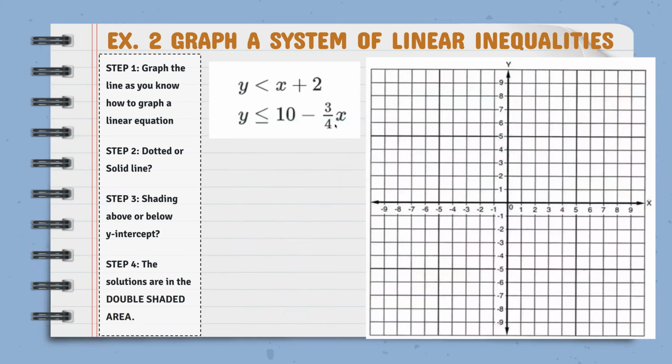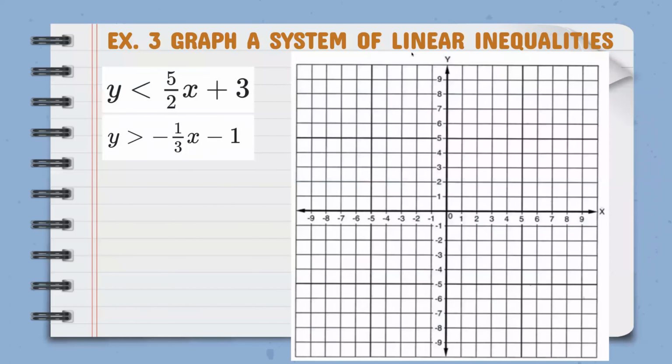Okay, let's go ahead and try another example. y is less than 5/2 x plus 3. I'm going to start at 3. My slope is 5/2, so I'm going to rise 5 and run 2. I can also rise -5 and run -2.